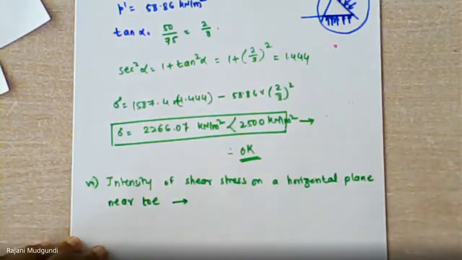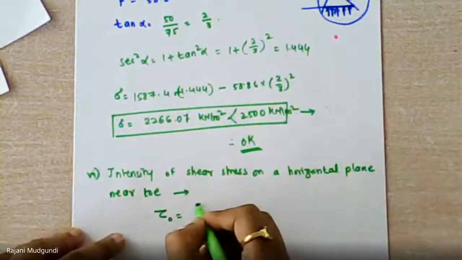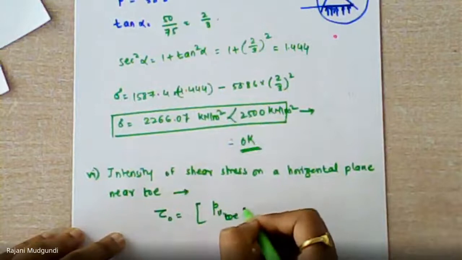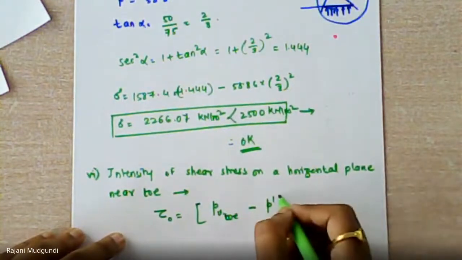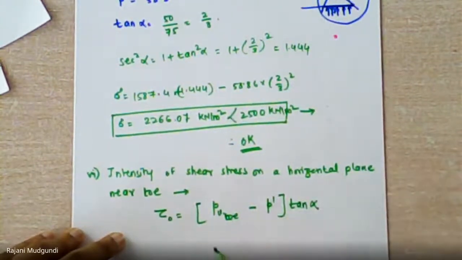This is given by the formula tau 0 is equal to PV at toe minus P dash into tan alpha.